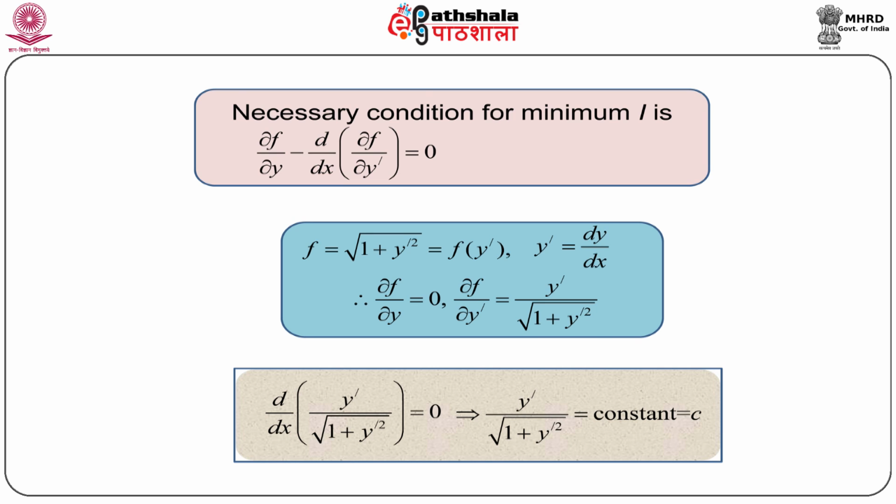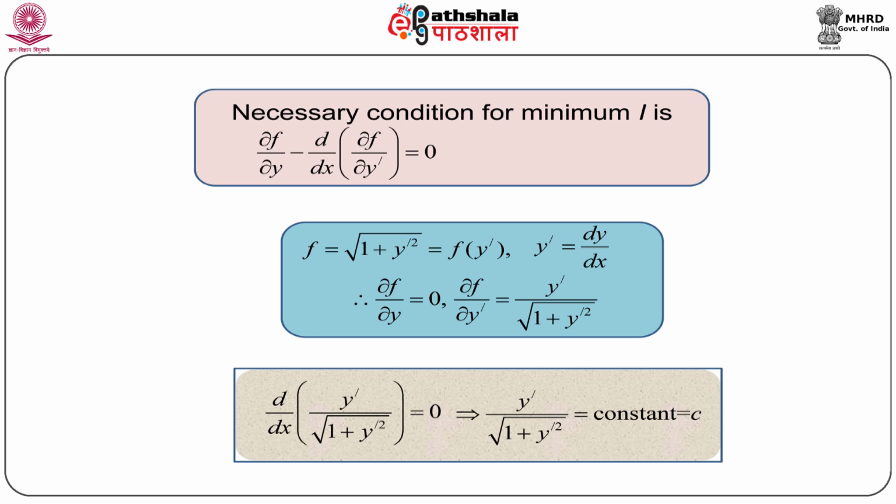Since f depends only on y dash, we have ∂f/∂y equal to 0, whereas ∂f/∂y dash gives this. If we substitute these two in the Euler-Lagrange equation, we get this one. After integration, this gives y dash divided by root over 1 plus y dash square equal to constant. From this, we have y dash square equal to c square into 1 plus y dash square.